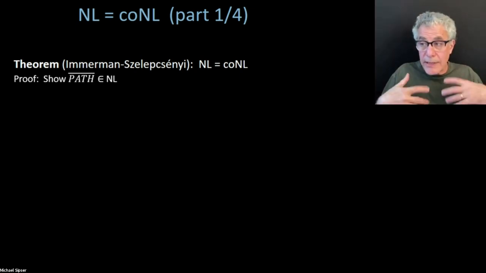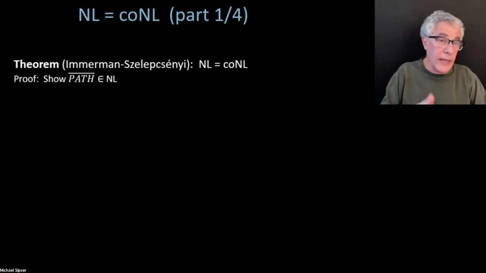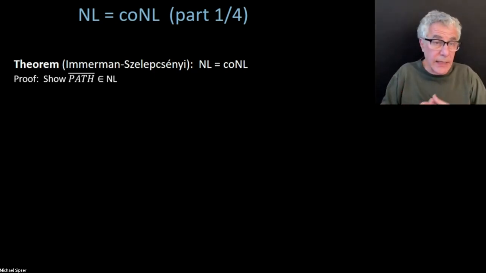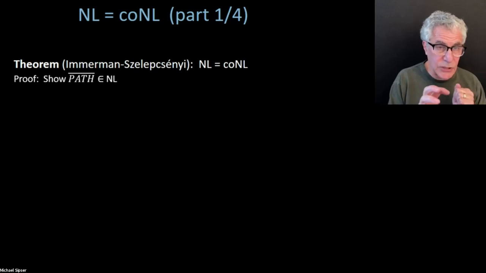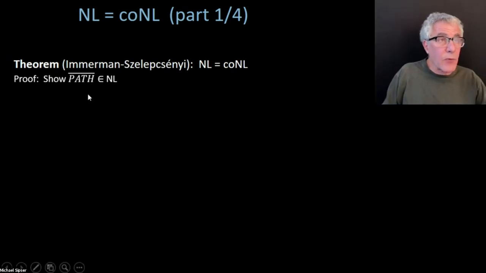By putting that problem in NL, all of coNL will be reducible to problems in NL, so coNL will be inside NL, and then NL is going to be equal to coNL. If that sequence of logical connections is not clear, don't worry. We can go back and figure out why that's enough later.